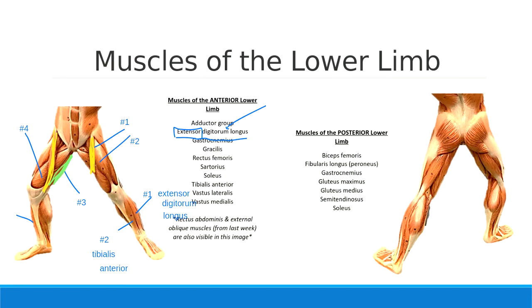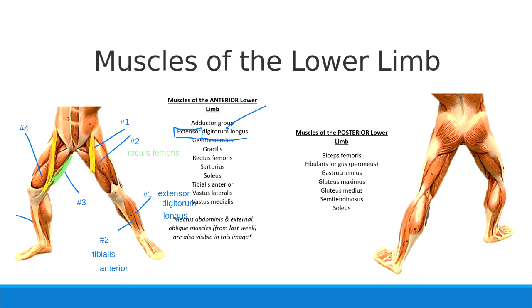I had a question about vastus medialis and vastus lateralis. The question was, are they on either side of rectus femoris? And the answer to that question is yes. So let me get my little typer out here. This muscle I have labeled as number 2 is rectus femoris.